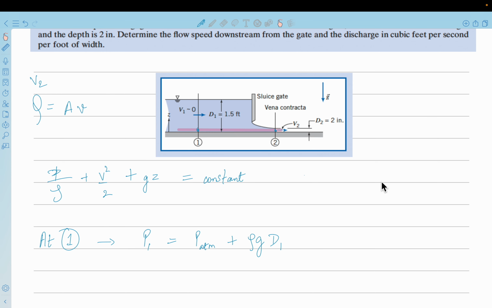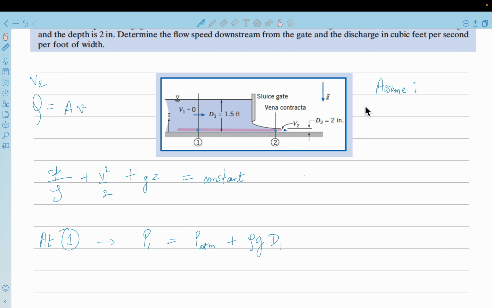So what you have done is you have made one more very big assumption. So you have assumed that at location 1 I can apply hydrostatics. In fact, you will see that at 2 also you will apply hydrostatics. So why you can apply hydrostatics? Because you are assuming it.